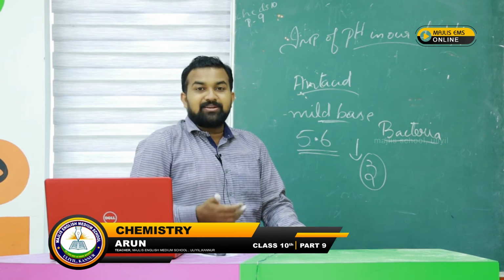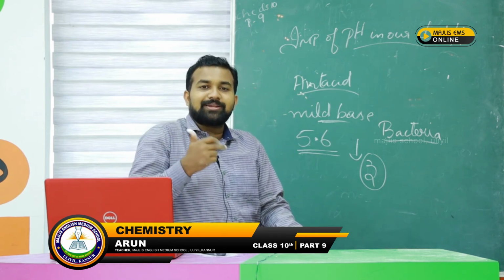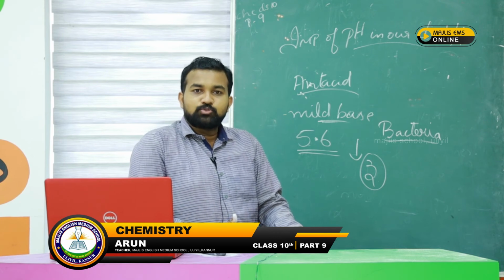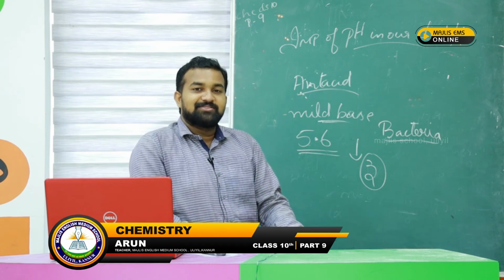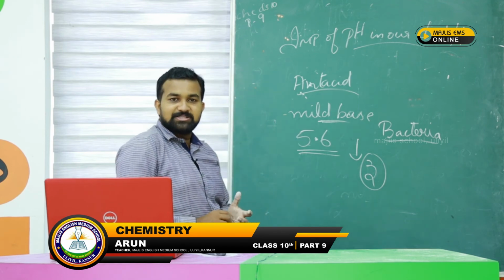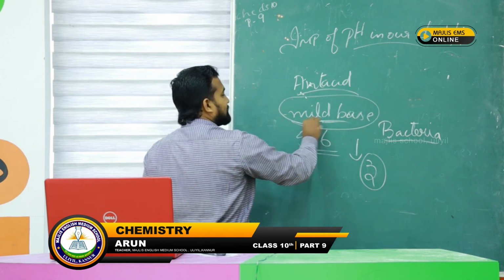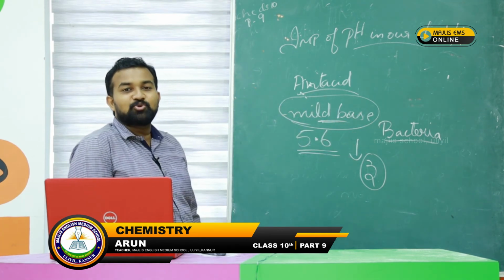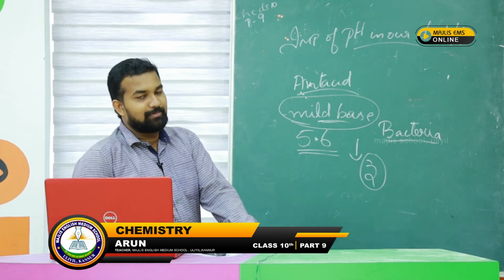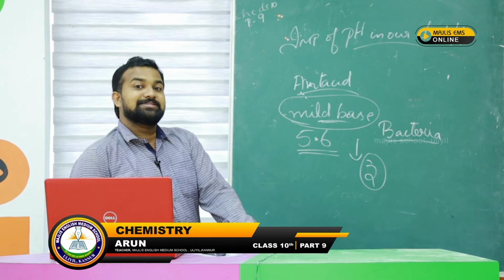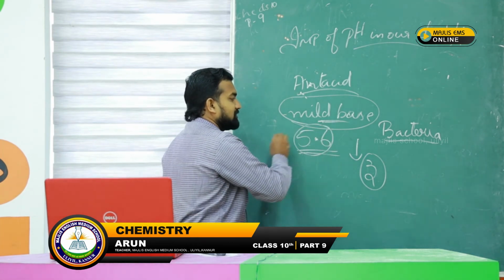So that's why our parents compel you to brush properly twice a day. So what is happening when we are using toothpaste? The toothpaste is a base, not a strong base, a mild base, such that it will adjust the pH to around 5.6.